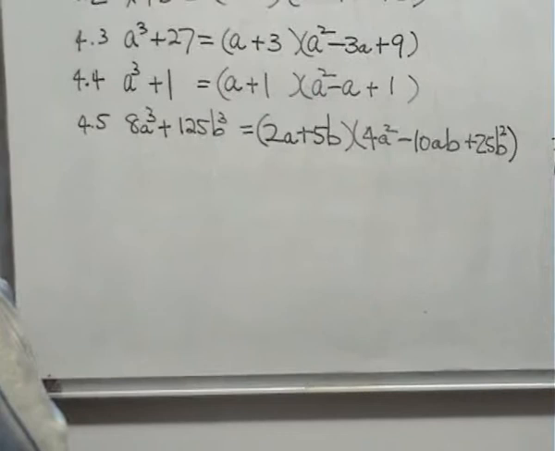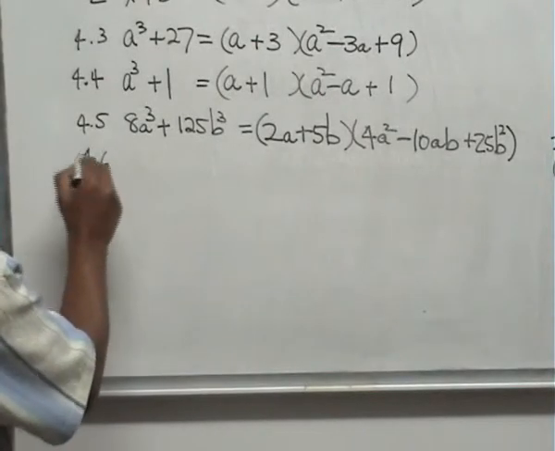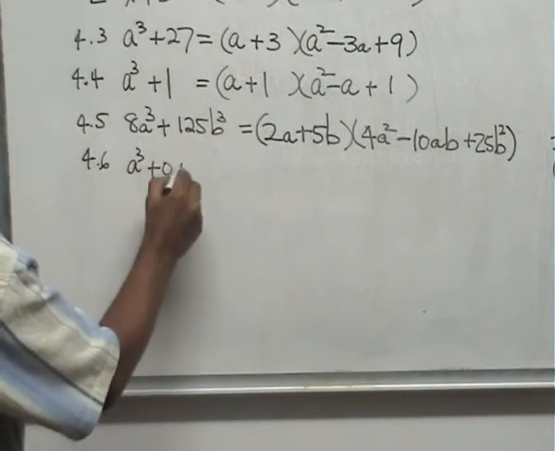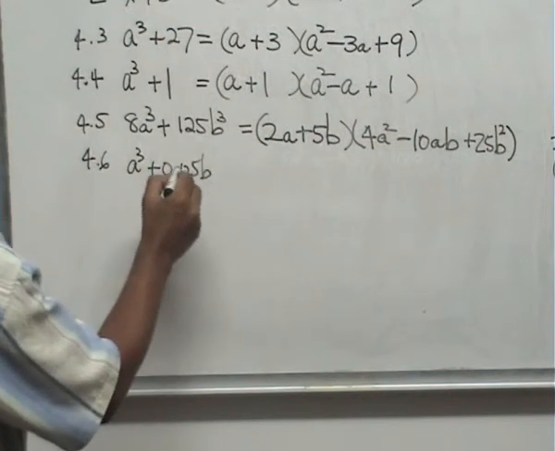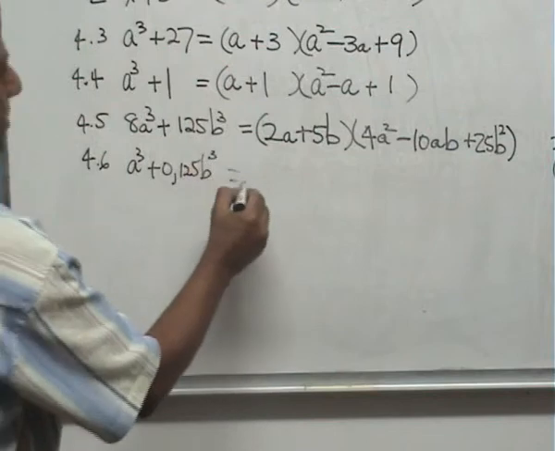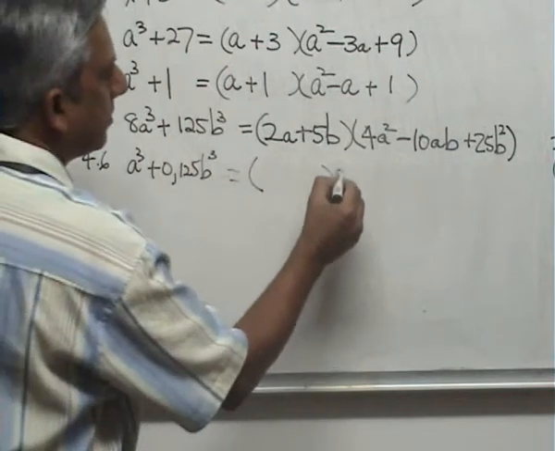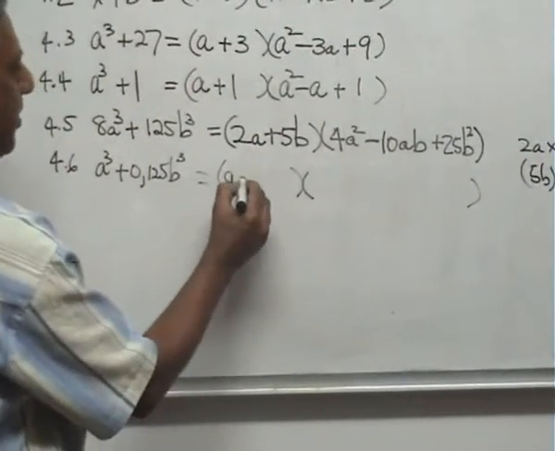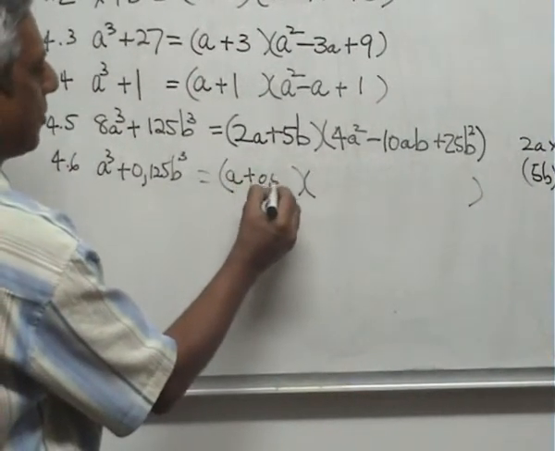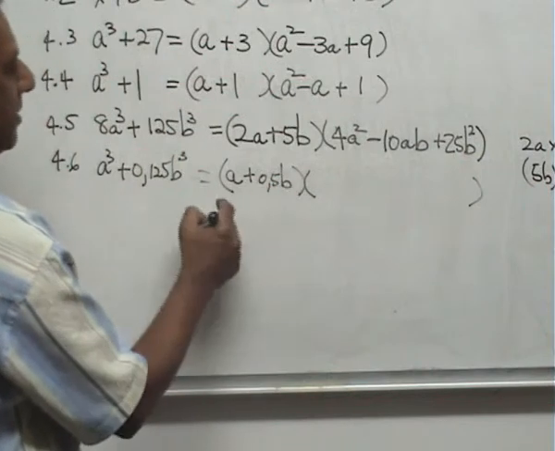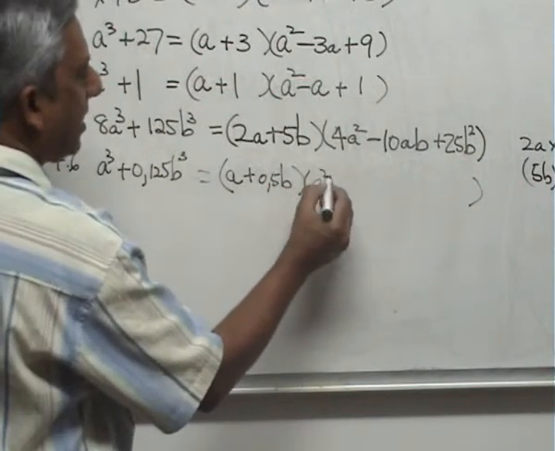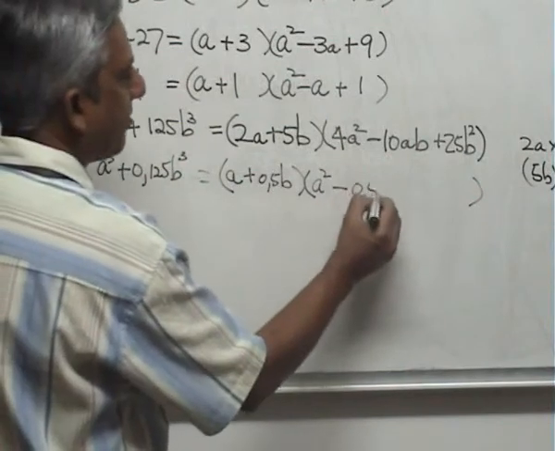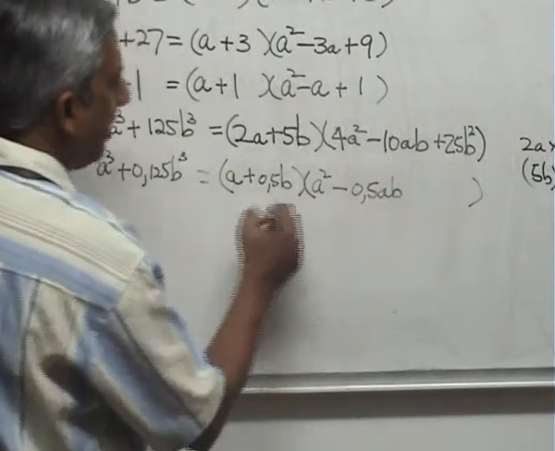Okay, so let's roll. 4.6. a cubed plus 0,125 b cubed. So that will be a plus 0,5b, that will be a squared minus 0,5ab.